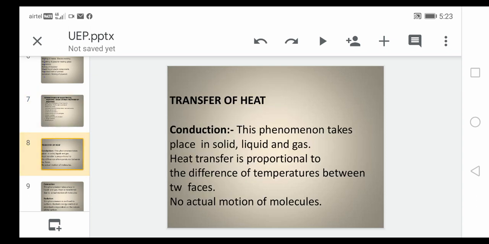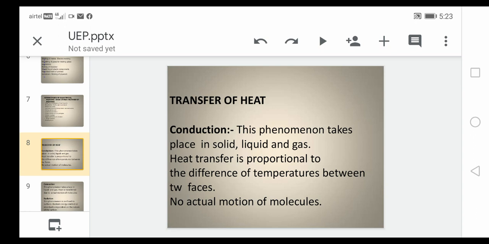Next, transfer of heat. As we know, there are three types of heat transfer methods: conduction, convection, and radiation. Conduction takes place in solids, liquids, and gases.